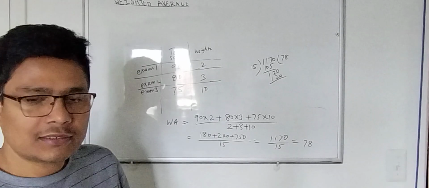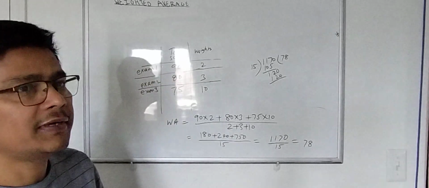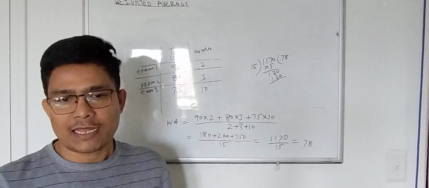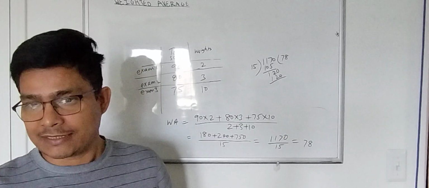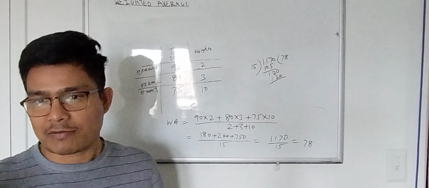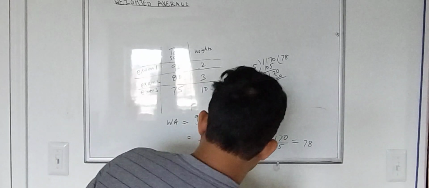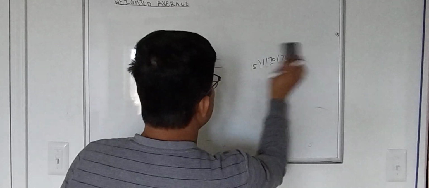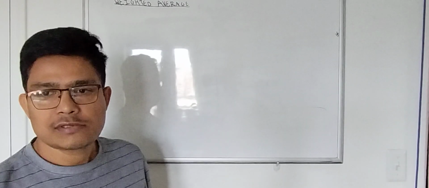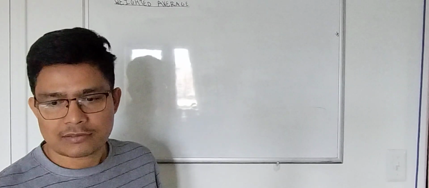Now, one thing about the weighted average we are going to discuss. Sometimes some values are missing. One of the examples could be related to a time and distance problem. Or the thing we were discussing yesterday.